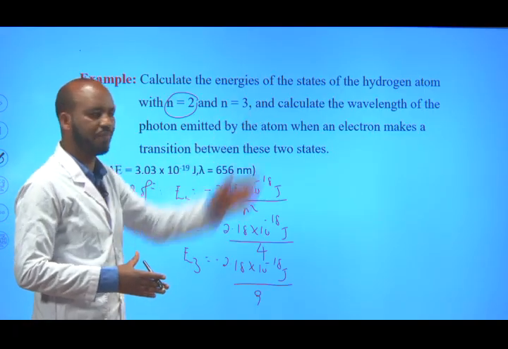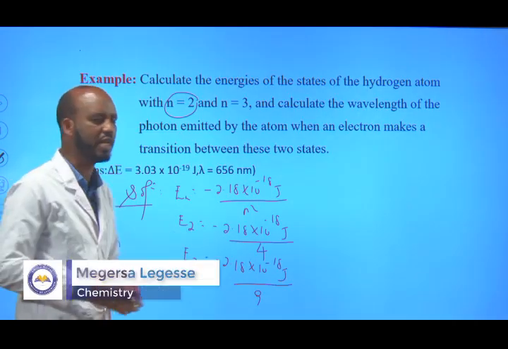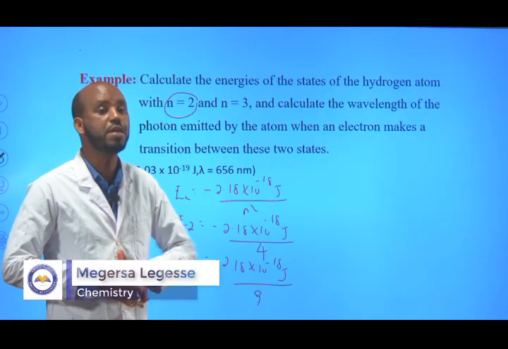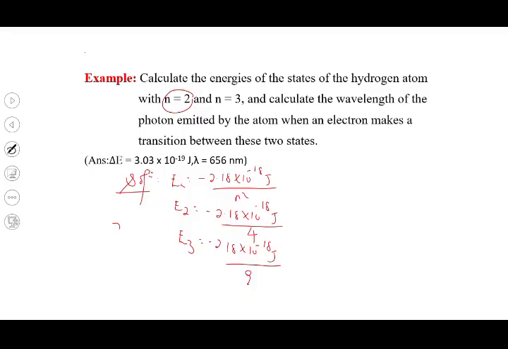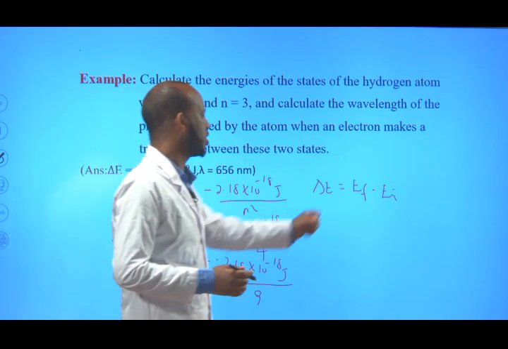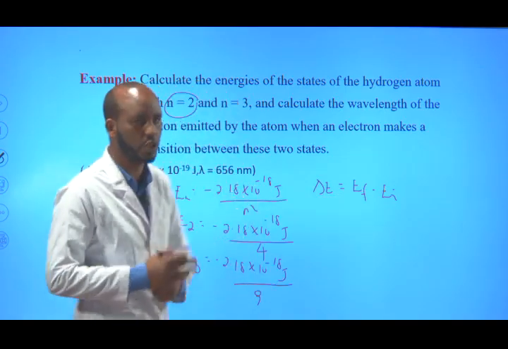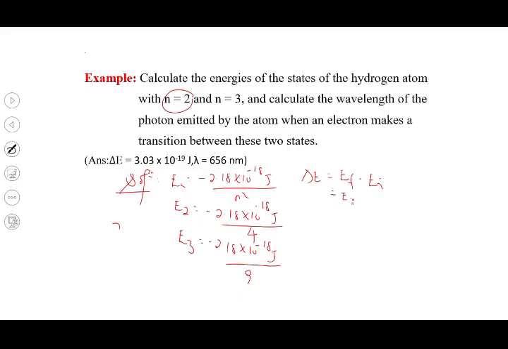When an electron makes a transition from the third energy level to the second energy level, energy is emitted in the form of light. Now the change in energy, delta E, equals E final minus E initial. For a transition from the third to the second energy level, the final energy is E2 minus E3.